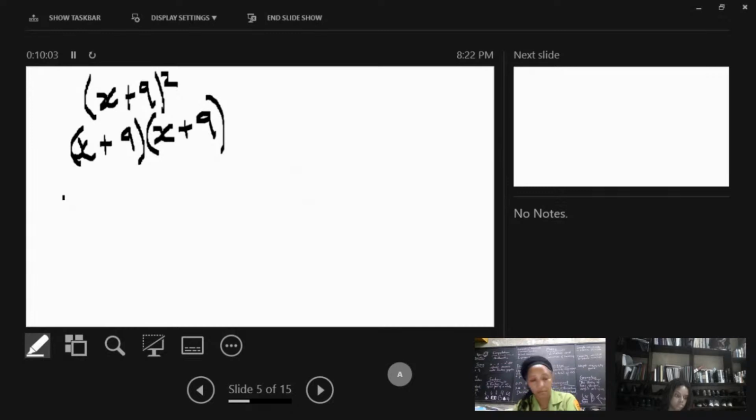Expand it for me. Okay, so that would be x squared plus 9x plus 9x plus 81.